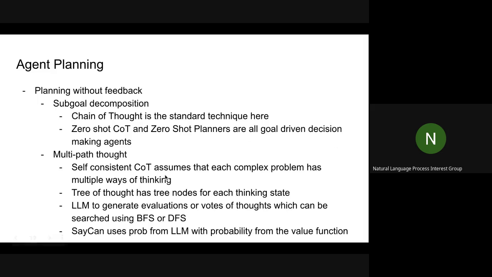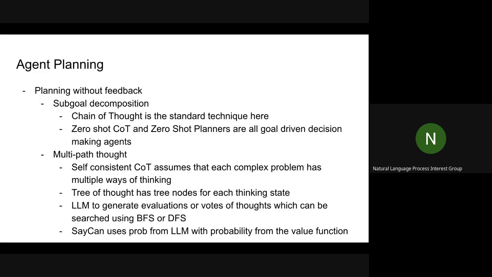So the self-consistent chain of thought assumes each complex problem has multiple ways of thinking. Tree of thought decomposes chain of thought into a set of tree nodes for each thinking state. And the LLM has to generate evaluations or votes of all of these thoughts, which are stored in the tree nodes. And then it searches them using a BFS or DFS.